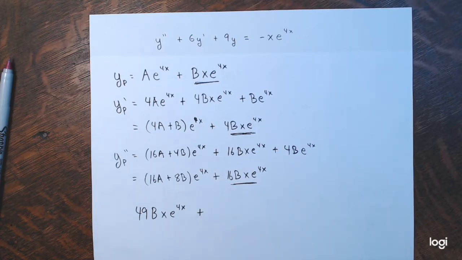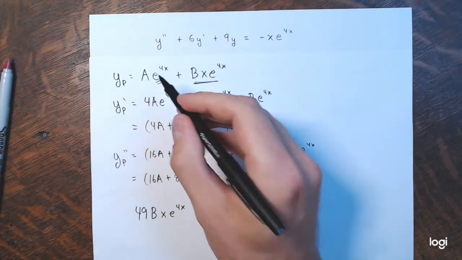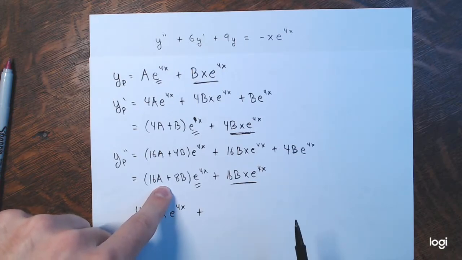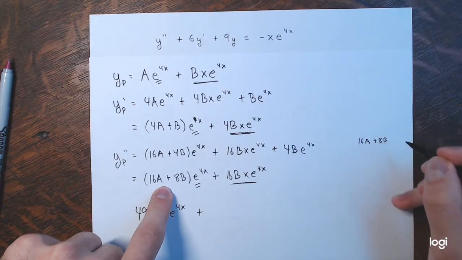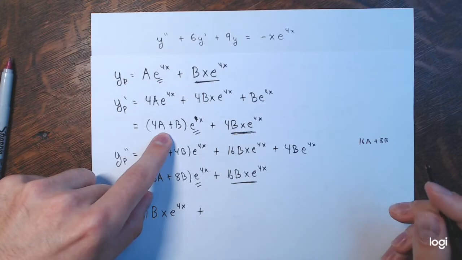plus, and now I'm going to focus on the e to the 4x terms in each of these. So y double prime, which is 16a plus 8b, plus 6y prime, so plus 6 of this.